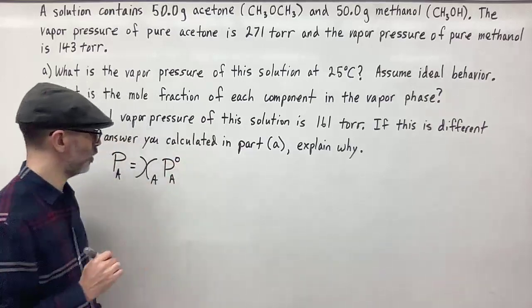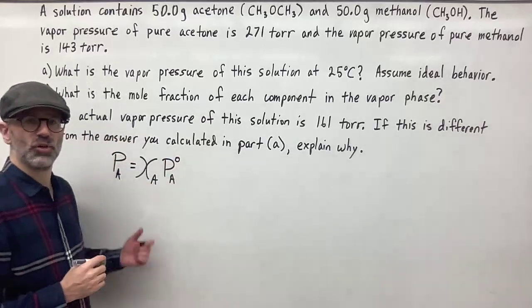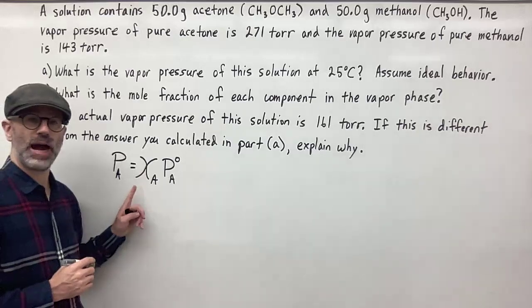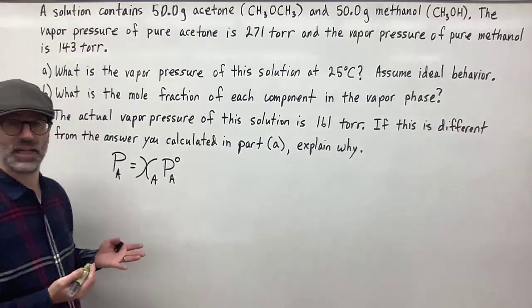So we put a little circle up there. So this is Raoult's law. So in order to do this, we need to figure out what the mole fraction is. So we need to calculate moles.